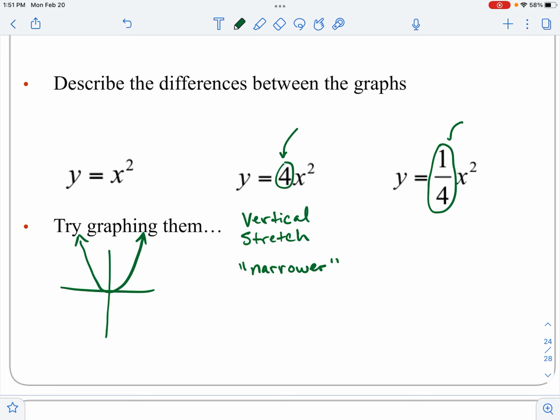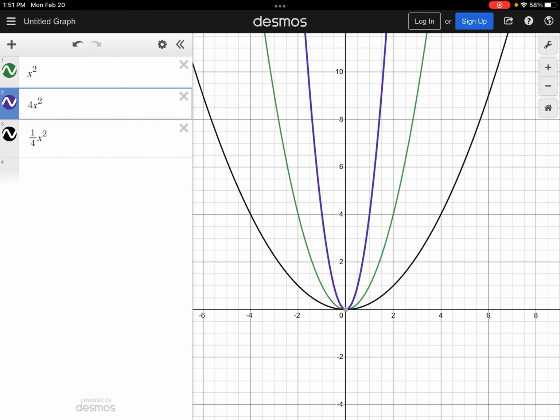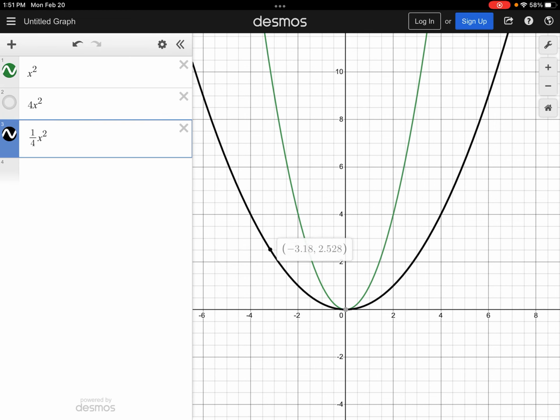Well, what happens if we have something that's less than 1 instead of a number that is greater than 1? So what happens if we're a fraction, or we're in between 0 and 1? So let's look at this 1 over 4. And so this other line right here, you see that the graph got really wide.